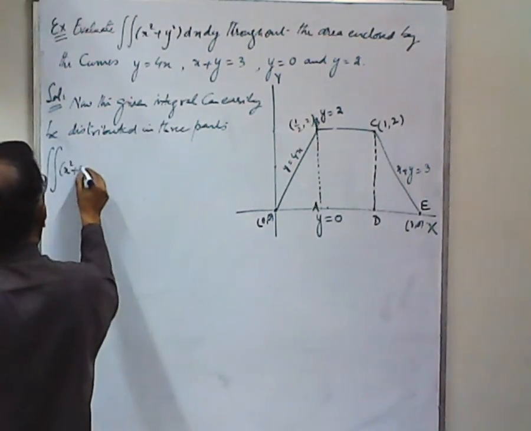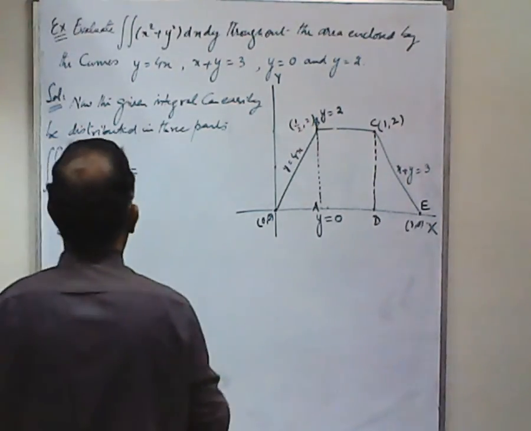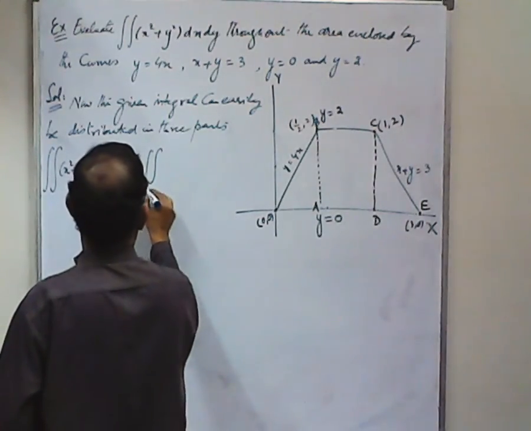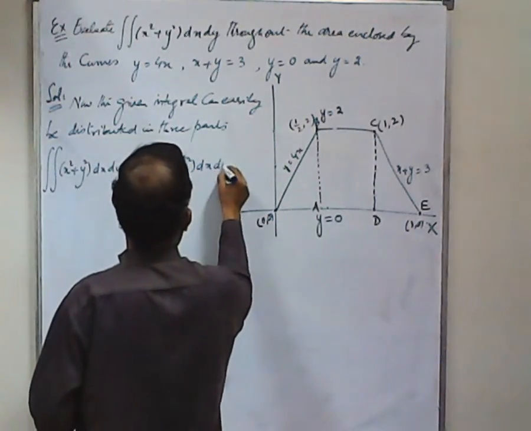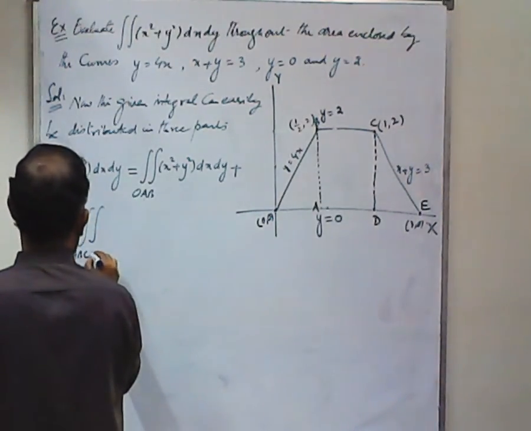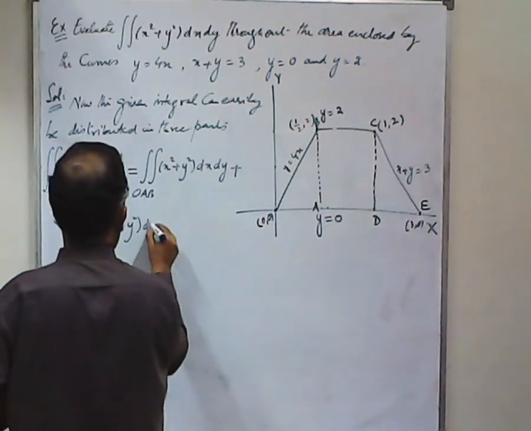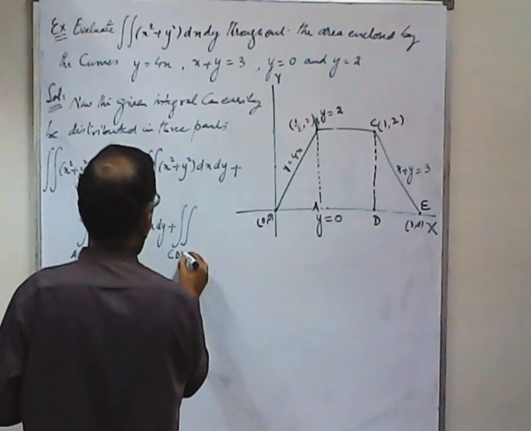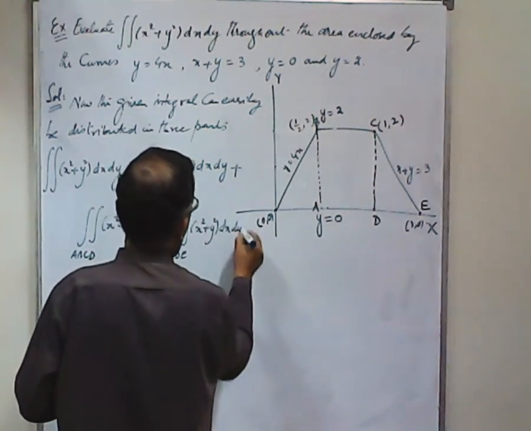The integral of x square plus y square dx dy is equal to the integral over the triangle OAB, x square plus y square dx dy, plus the integral over ABCD, the rectangle, x square plus y square dx dy, and then again the triangle CDE, x square plus y square dx dy.